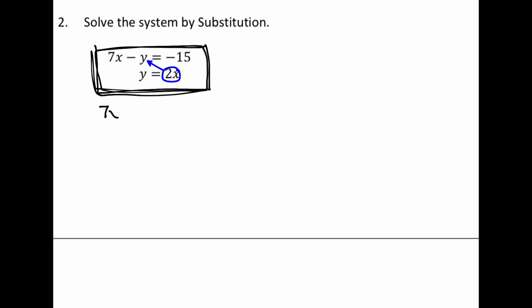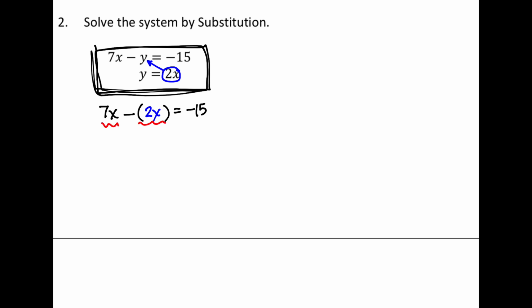So we have 7x minus y, which is, now I usually put it in parentheses whether I need them or not. It just tells me it's been substituted. It's just my own trigger, flag, something, you know, whatever you want to call it, that tells me I've substituted. You don't have to. In this case, there's no reason for it because we're not distributing. Okay?